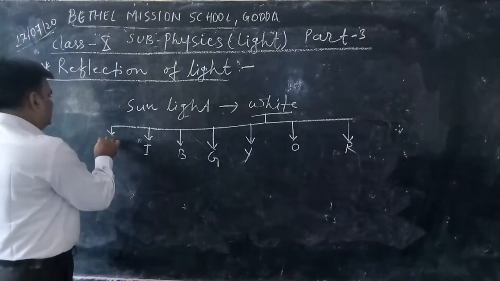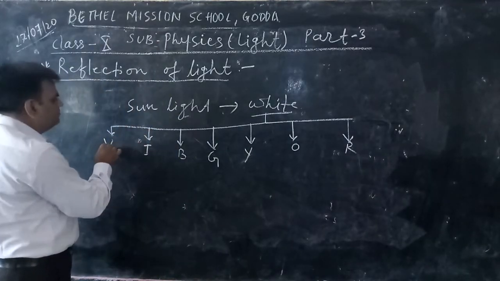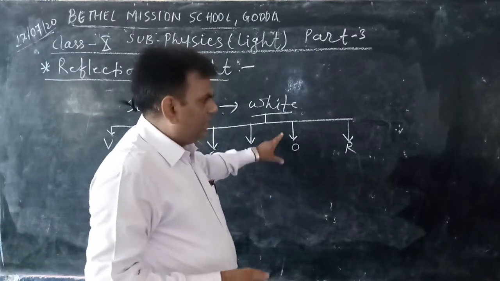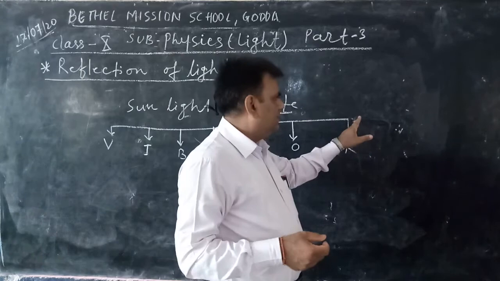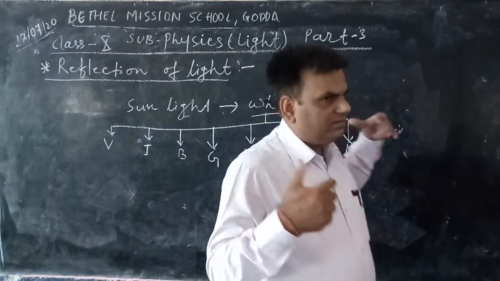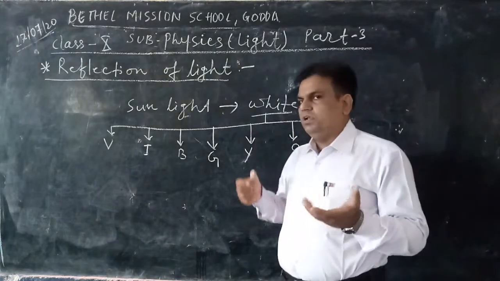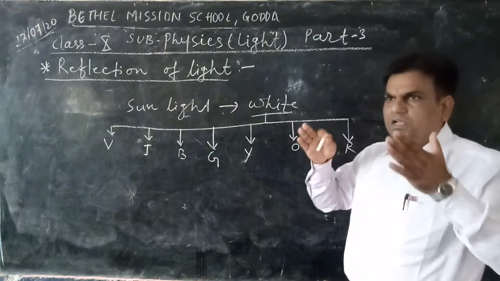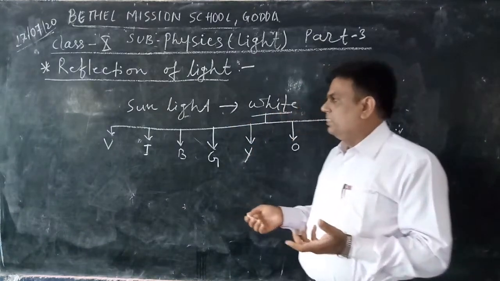Different colors have different frequencies. As we have discussed, light can travel through a medium, in all three kinds of medium: solid, liquid and gases. Even light can travel through space or a vacuum.